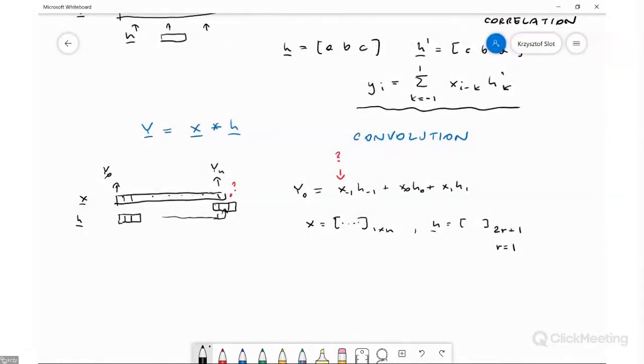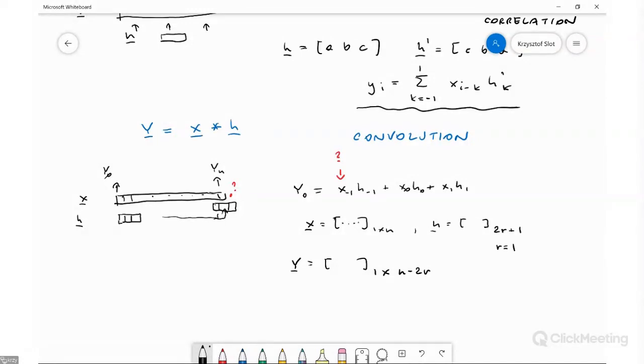that my output, so this is my output vector, will be a vector that cannot be that long if I would like it to be computed using information that is embedded in X. So it will be a vector that has a size n minus 2 times r.